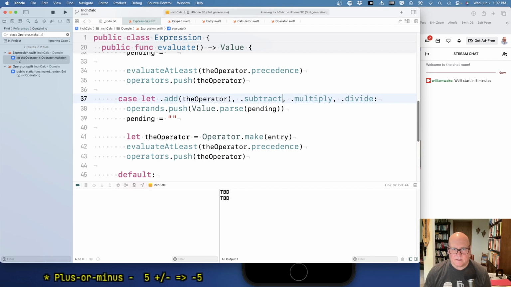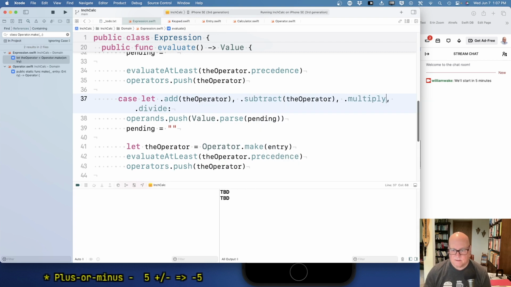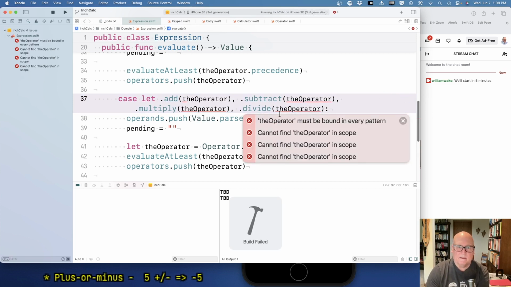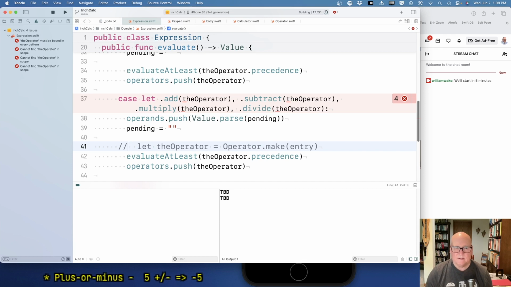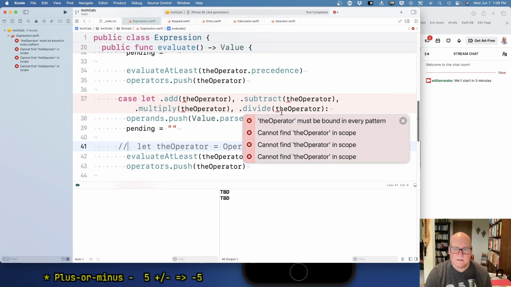Now it complained. I don't know if there is a way around this or not. The operator must be bound in every pattern. Cannot find it in scope. Okay, well, I guess let's take that out. I don't think that's going to solve it now. Interesting, it's different messages. The operator must be bound in every pattern. I mean, it is. Okay.